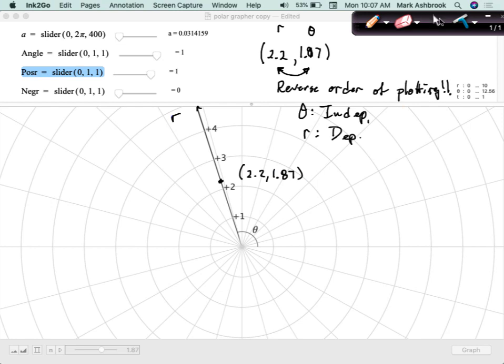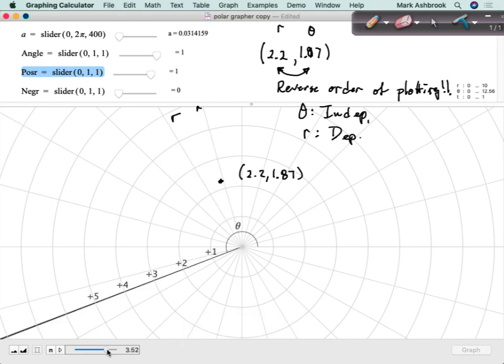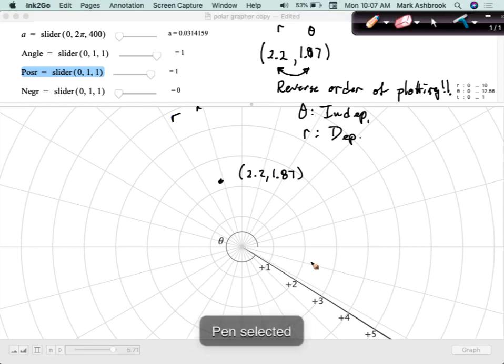Okay, so let's just do one more here. Here's theta equals 5.71 radians. It puts me in the fourth quadrant. So I want you to write the coordinates of this point right here. What would be the coordinates of that point that I've highlighted?